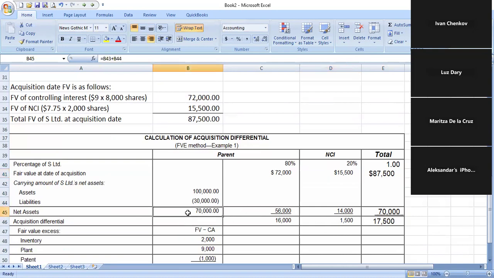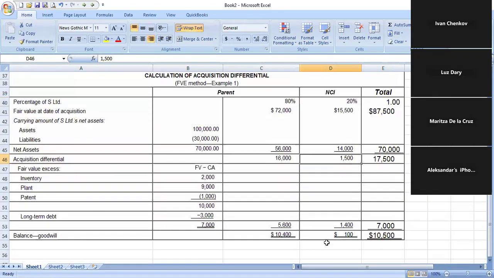From the net assets, 14,000 belongs to the non-controlling interest. So there's an acquisition differential of 1,500 on the non-controlling interest, of which 1,400, 20% of 7,000, is related to the non-controlling interest. The remainder is allocated to the goodwill. So the total is $10,500.